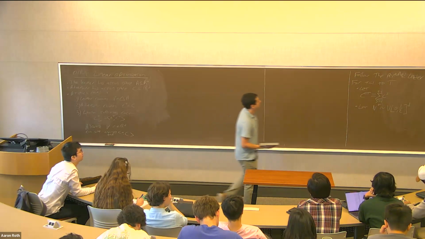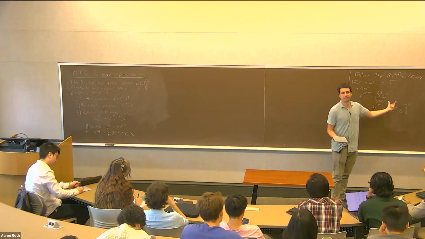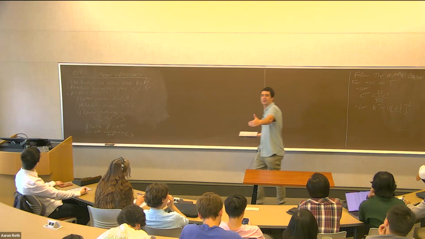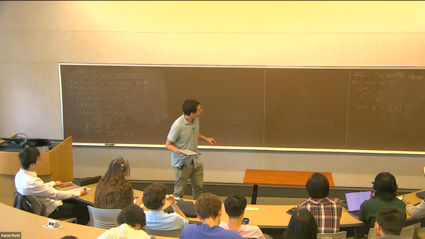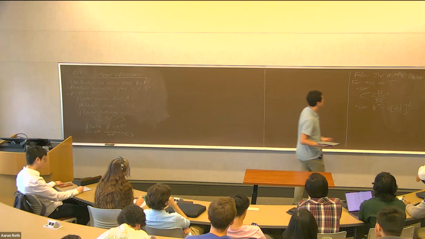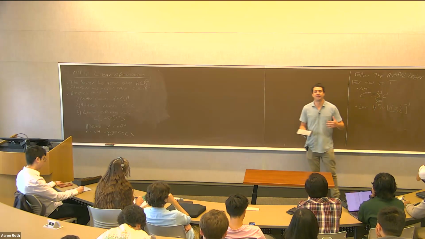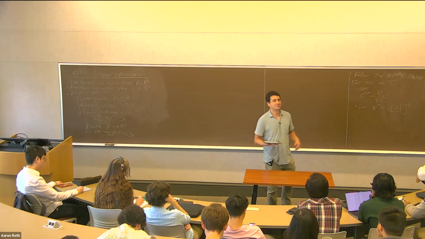So we have this d-dimensional vector of accumulated costs so far. We've got similarly a d-dimensional vector of just uniformly random noise.